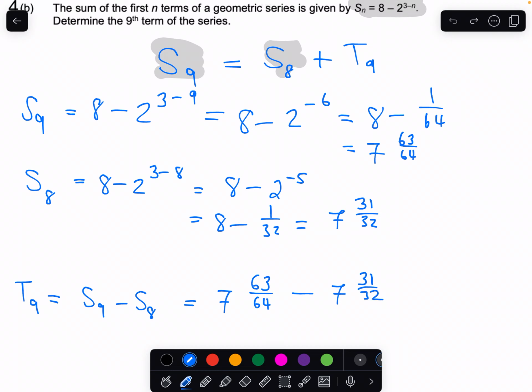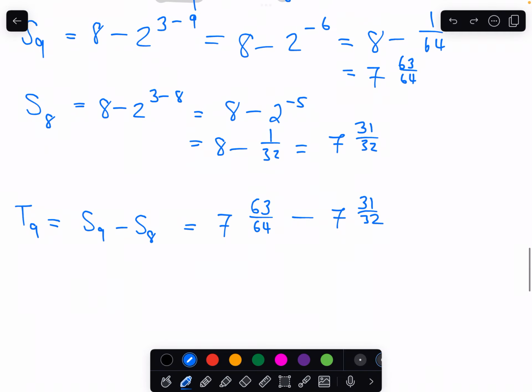And of course, I've decided that I don't want to use a calculator. So this is over 64, that will be 62. So the difference between them is a 64th, and that is what term 9 will be. Do you agree? Memo.